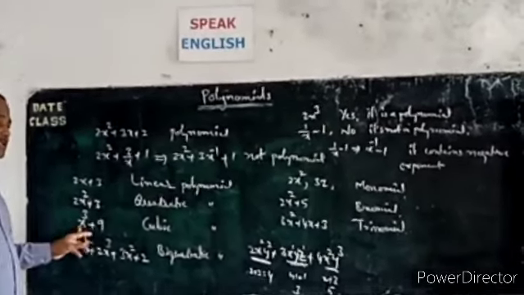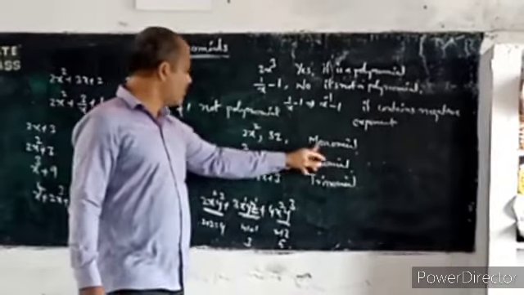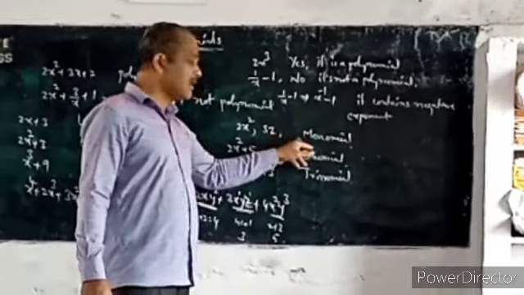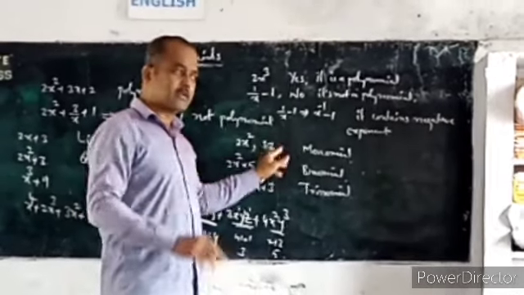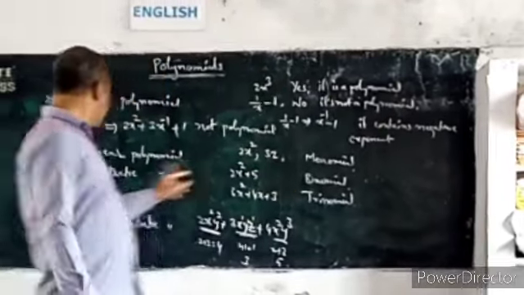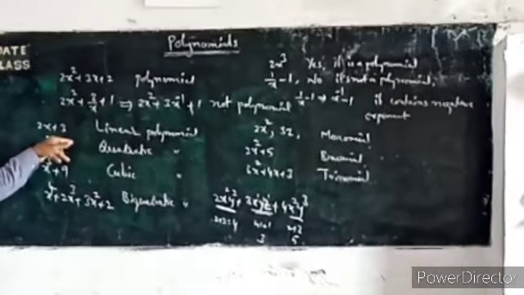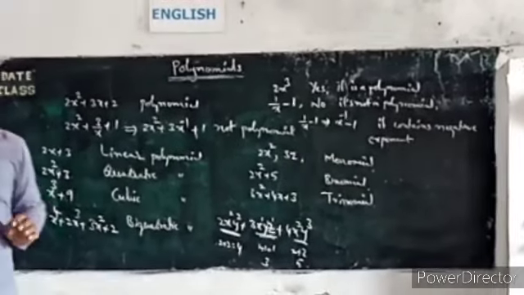A monomial like 3z is also a linear polynomial. Here the degree is 1, so it is a linear polynomial. Here 1 term, here 2 terms. That's why I asked for different numbers of terms.